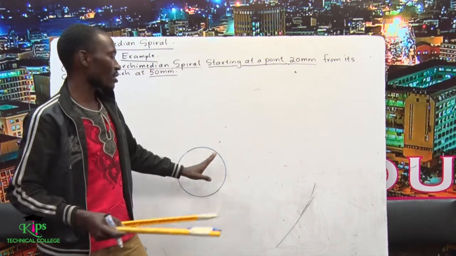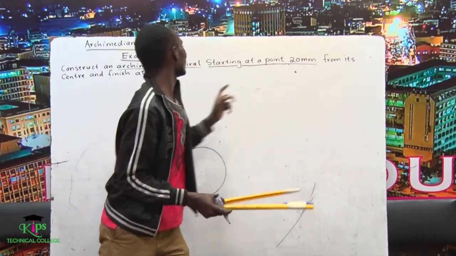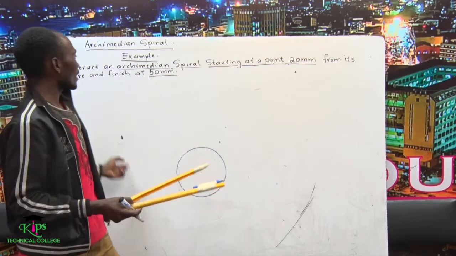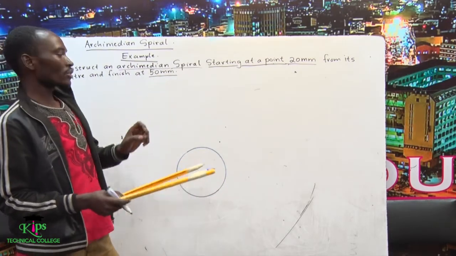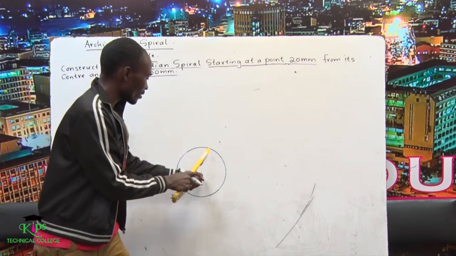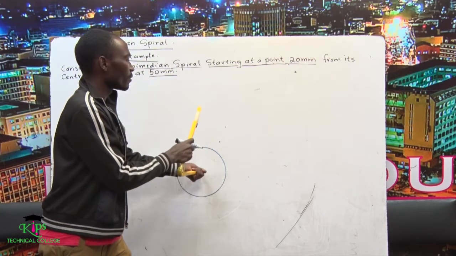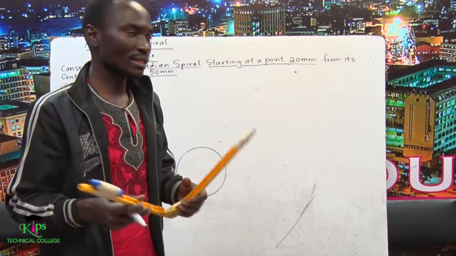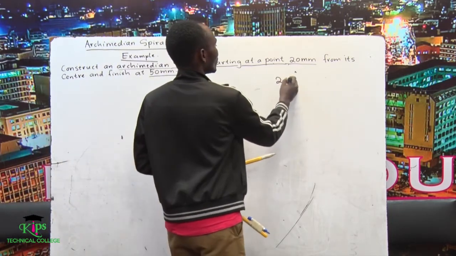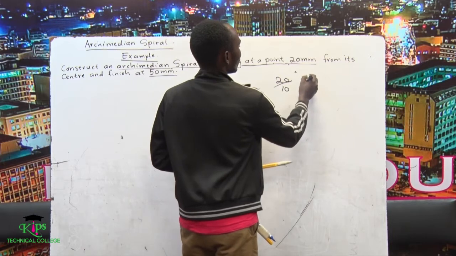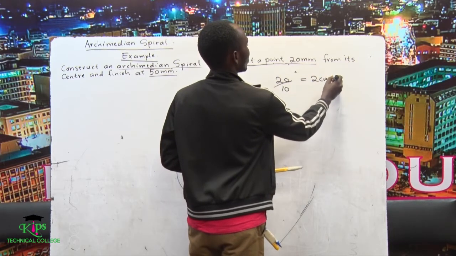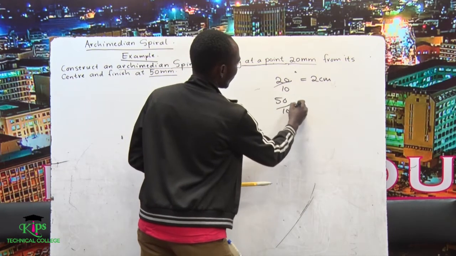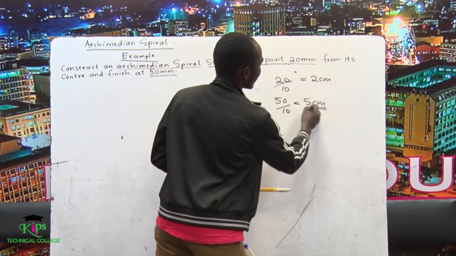We have drawn a circle of 20 millimeters, and we have been told the spiral will end at 50 millimeters. So again, stepping at the center of the circle, we'll draw another circle of radius 50 millimeters. When you divide 50 by 10, you'll get 5 centimeters.